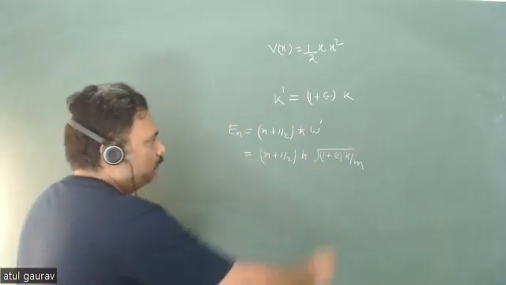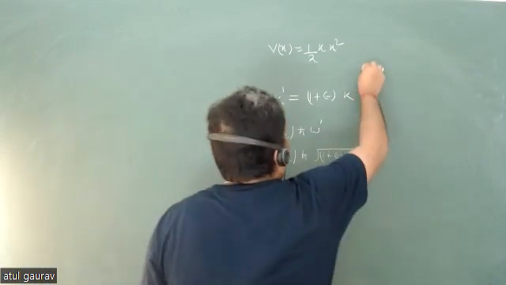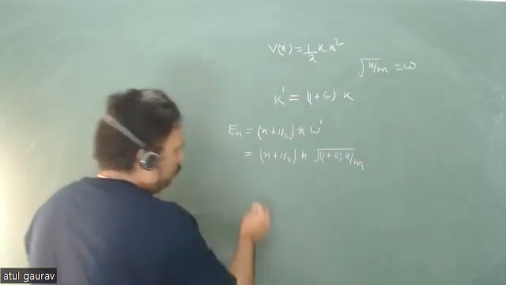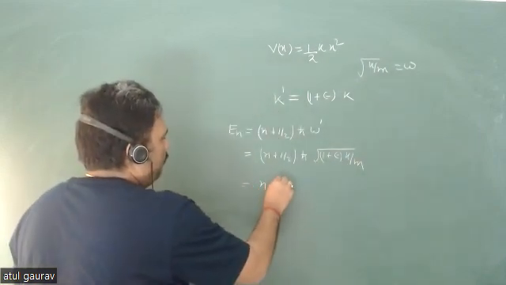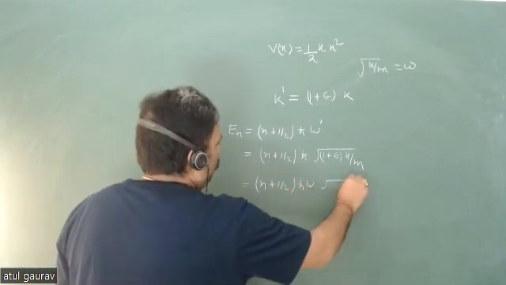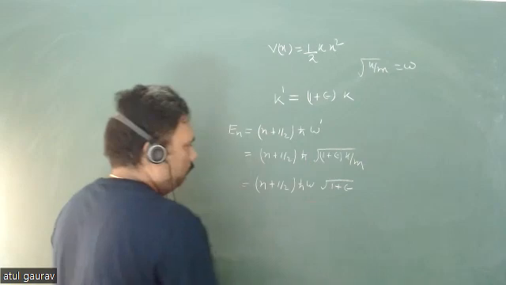Yes. And what is root under k upon m? Is equal to omega naught. So that value is equal to (n plus half) h cut omega root under 1 plus epsilon.